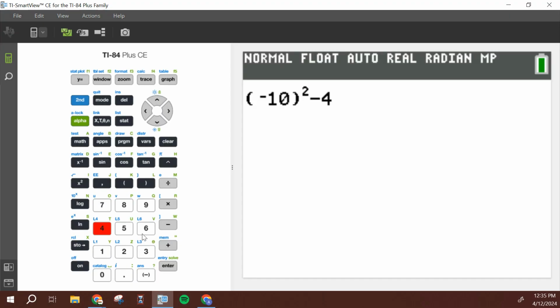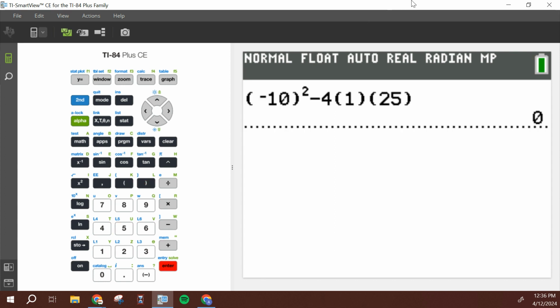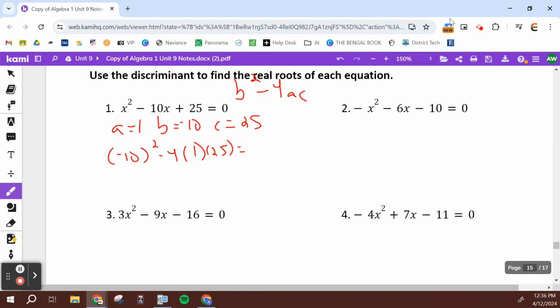So 4 times parentheses 1, and then parentheses 25. Notice no square root, just finding that number. I get 0. So this is equal to 0. So how many real roots do I have? We have one real root, meaning this would just hit the x-axis. And that's all we're writing for our answer, one real root.